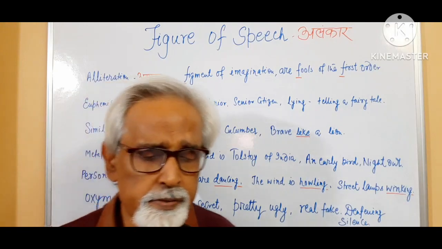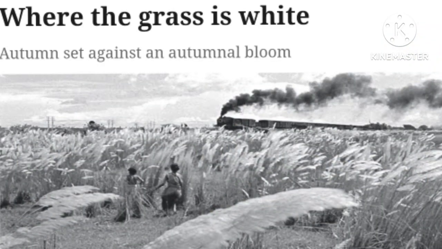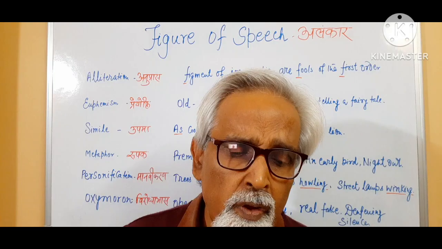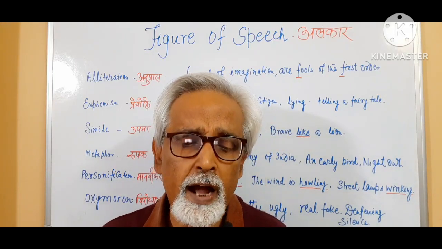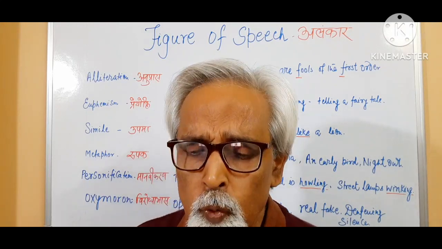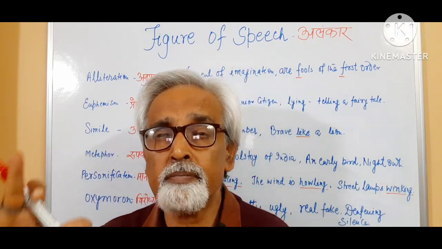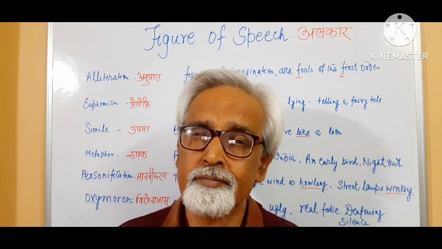Uddalak Mukherjee has authored a book, Where the Grass is White. And in this book, in this novel, he has written, when the grass of Kasful comes into bloom, boundaries become irrelevant.